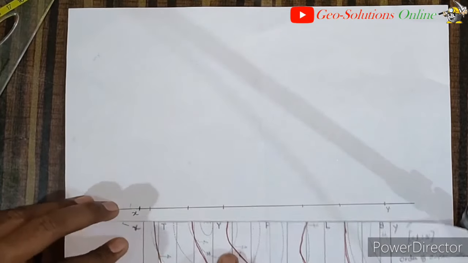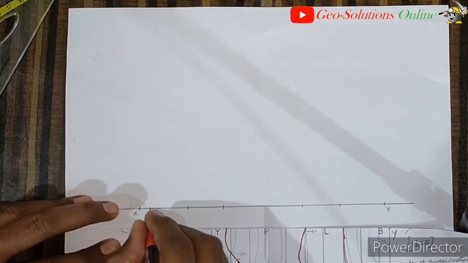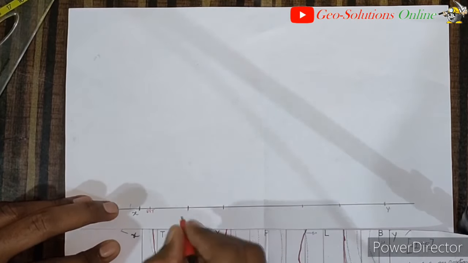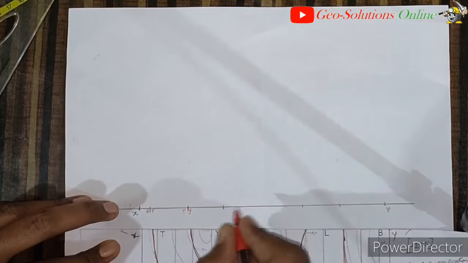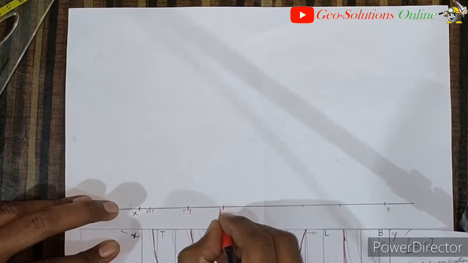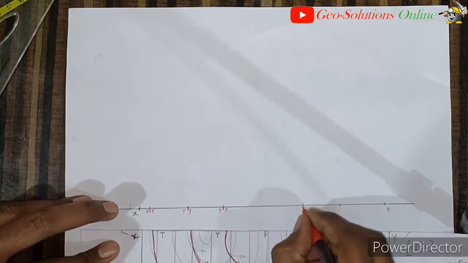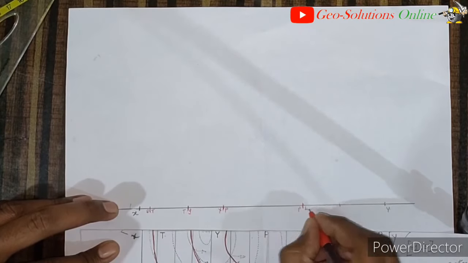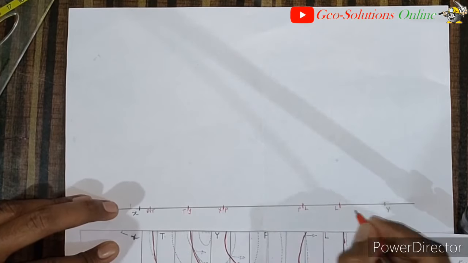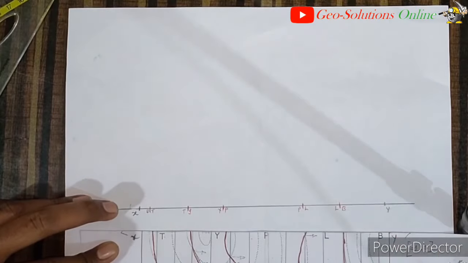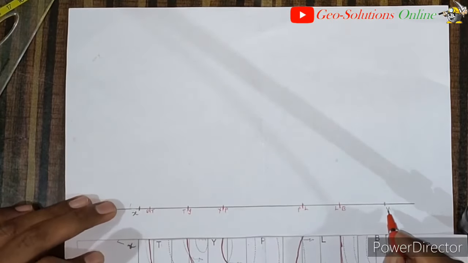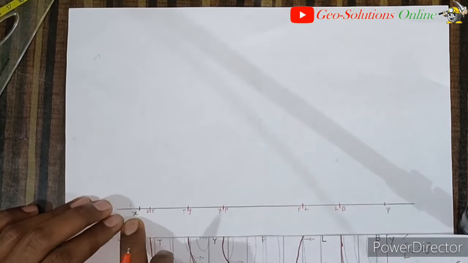So in this way we have marked all the bedding planes on the axis line. So bedding plane points are marked, then we are labeling the bedding plane points. The bedding planes DT, TY, YP, PL and LB are all marked, and point X and point Y are also marked.